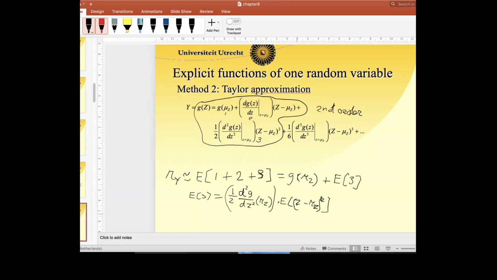Well, this thing is nothing more than the variance of z.